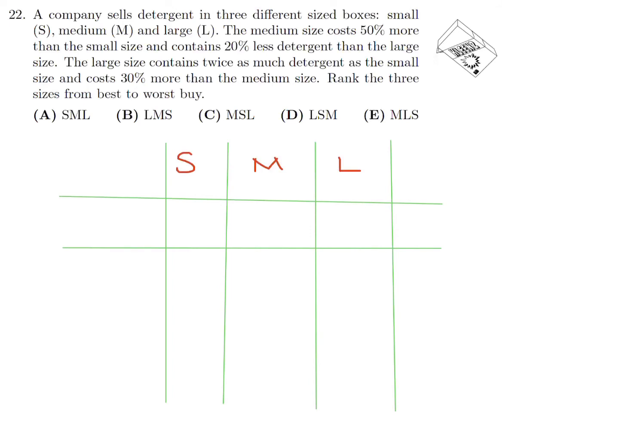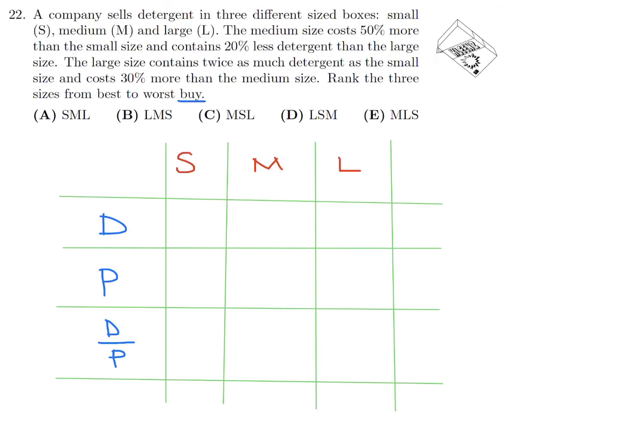The second one is the price. And the final one will show my buy in terms of how good it is. So we put amount of detergent, price, and then detergent over price will tell me if it's a good buy, a bad buy, or the worst buy.